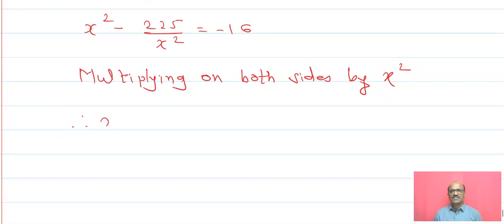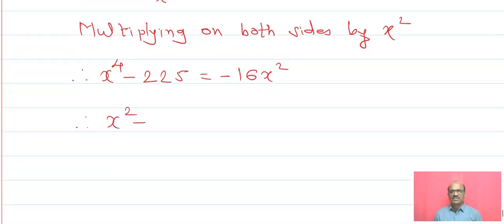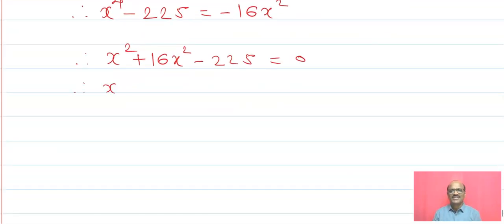that is x raised to 4 minus 225 is equal to minus 16x square, and that is x raised to 4 must be there. I had written x square.